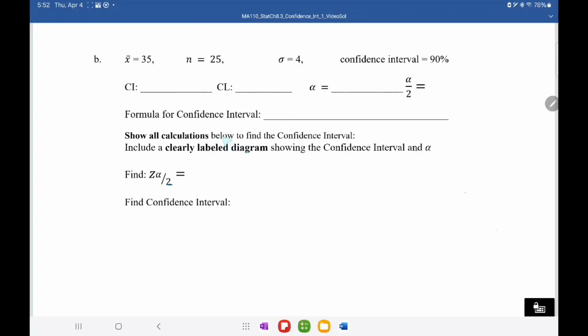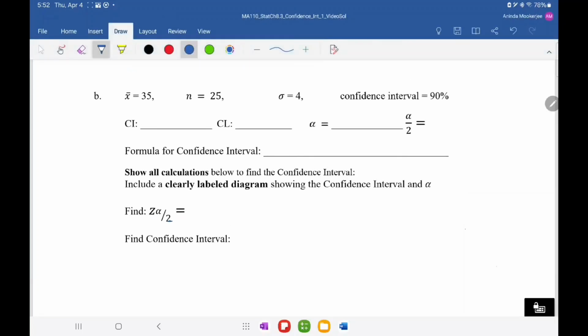All right. So over here, it says, what is the confidence interval, CI? So that's 90%. Let's write that down. CI is going to be 90%. CL is the confidence level, which is derived from the percentage value. So just find the decimal of 90%, which is going to be 0.90, right? And then alpha is the unbounded area outside of the confidence level, right?